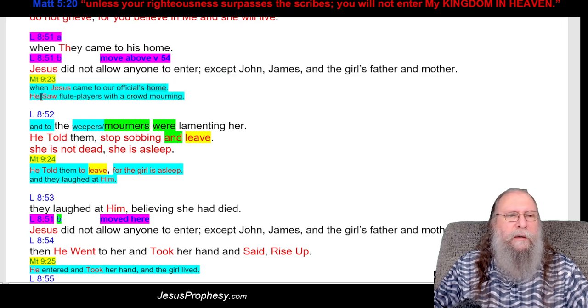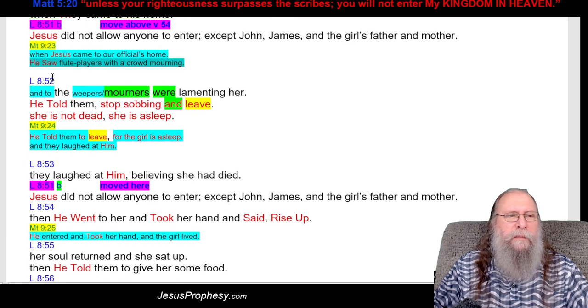Well, this part of the flute players or the crowd were actually below here, and they were weepers, and those are just people who mourned and were lamenting her. So this part actually goes with this next verse here that I'm removing. And I'm using the word leave to add here. Stop sobbing and leave. He was sending them away.